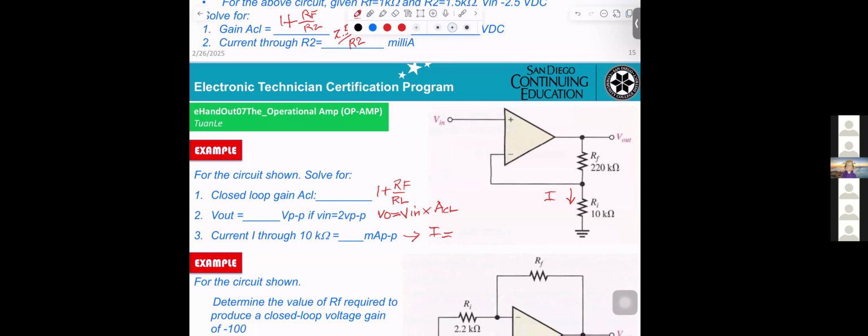V in equals 2 volt. You get 2 volt here. Same thing, you get 2 volt here. So I equals 2 volt divided by 10K.